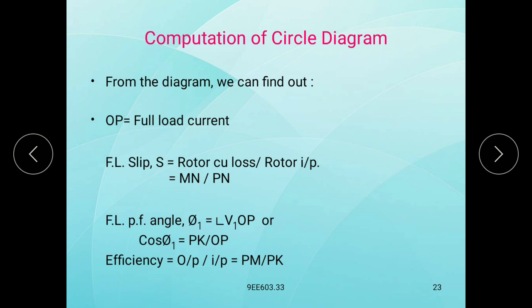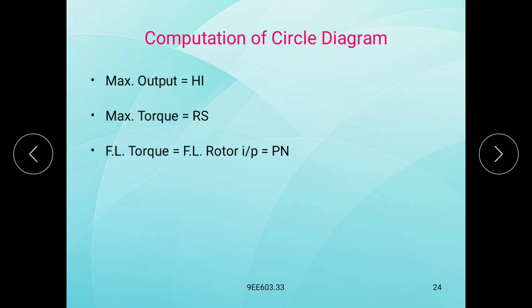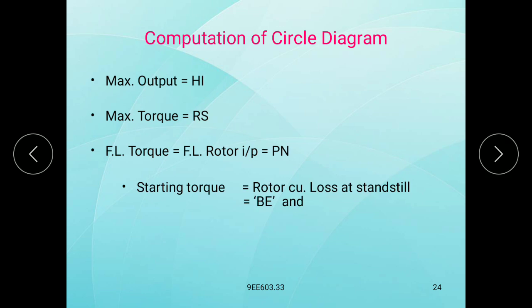So efficiency is equal to output by input, that is equal to PM by PK. Maximum output is HI and maximum torque is RS, and full load torque is full load rotor input equal to PN. The starting torque is equal to rotor copper losses at standstill, that is BE, and slip at maximum torque Sm is TS by RS.